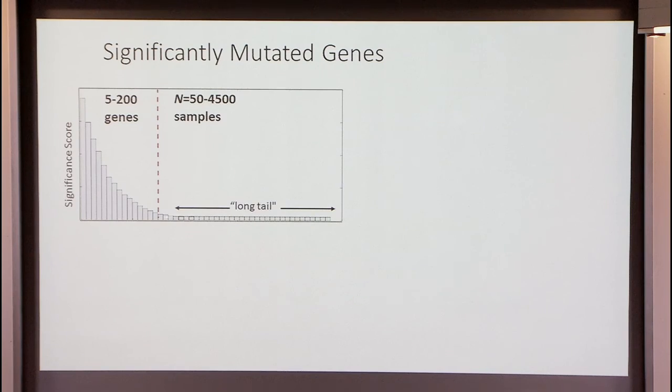And then there's a bunch of genes, the so-called long tail, of rarely mutated genes that we can't distinguish from chance given the number of samples. So we can push this line further in this direction by sequencing more samples. Some people certainly propose to do that, but this tail gets pretty long, and you have to push it pretty far to make the statistics work if you look one gene at a time.